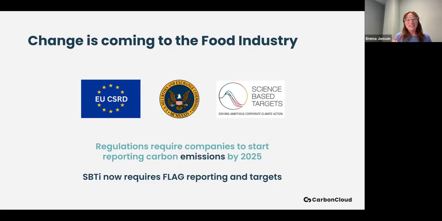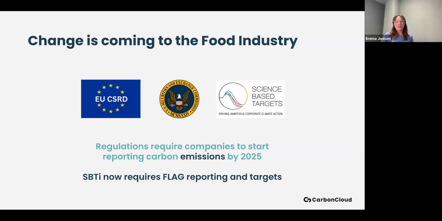It's also a similar type of regulation that is coming. In the EU, the first batch of companies that need to report is for next year, 2025, but eventually more and more companies will be included and will need to report under this directive.